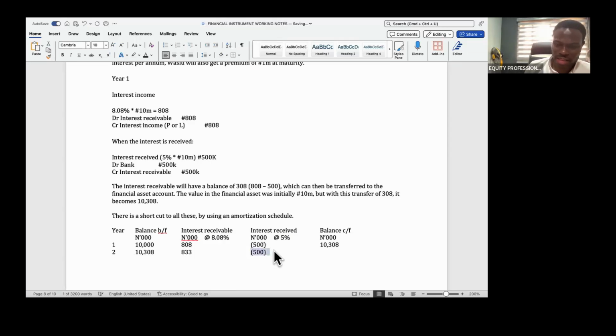It remains constant. It doesn't change. It will always be the same. So by the time you accumulate this, if you add 10,308 plus 833 minus 500, this gives me 10,641.